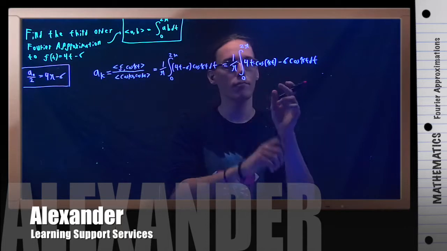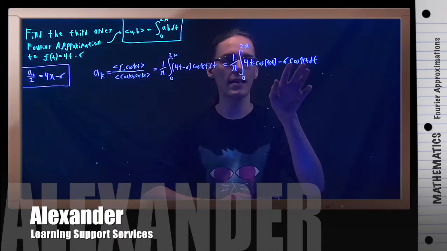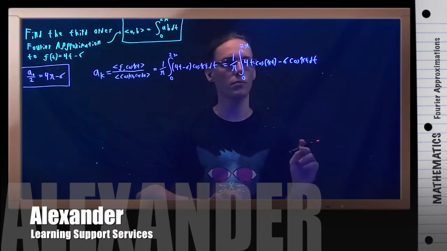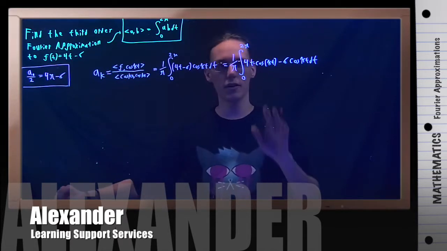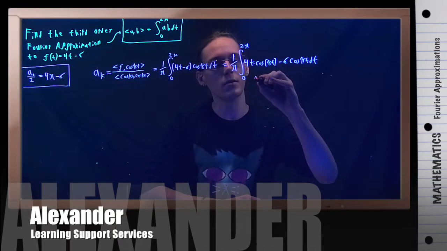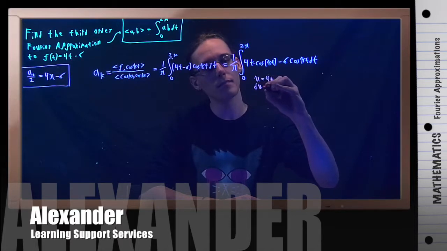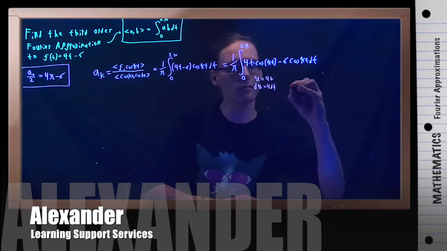So I'll do that. And let me switch colors so we can keep track of everything. The cosine kt, we're going to be able to split off on its own. Let me just write underneath here what my substitution is going to be. My substitution is going to be u equals 4t, so then du is 4 dt.